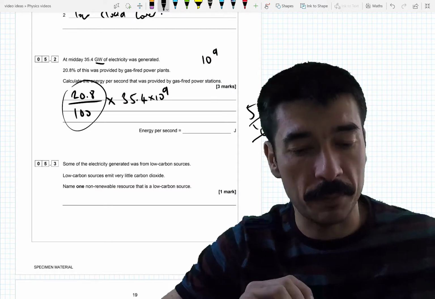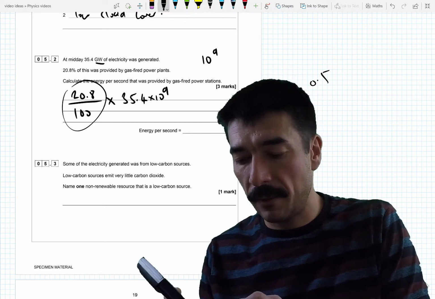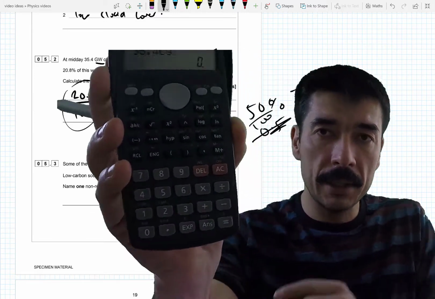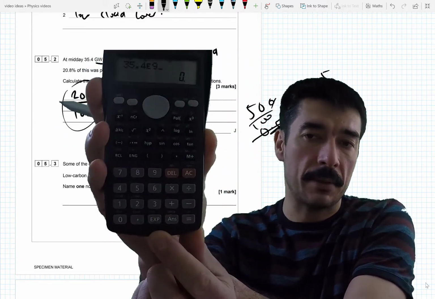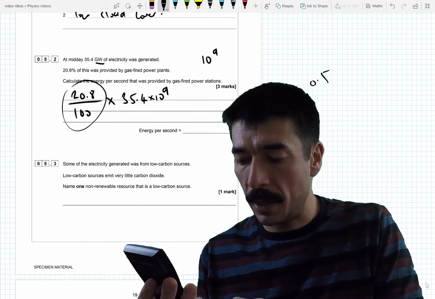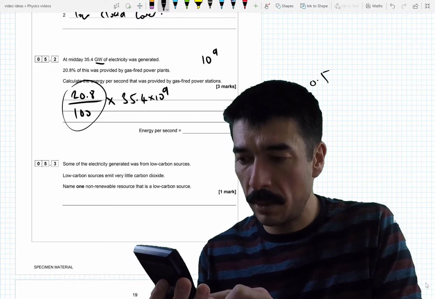of that 35.4. So just to show you how I'm putting this in the calculator, 35.4 times 10 to the power of 9. I use the exp button down here on this calculator to get 35.4 times 10 to the 9 multiplied by 0.208.